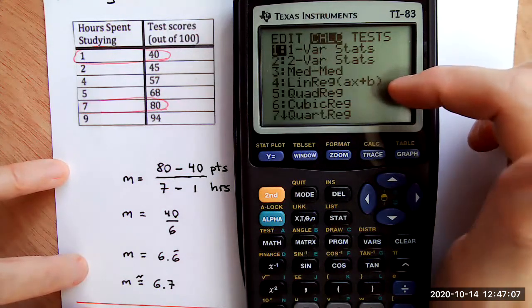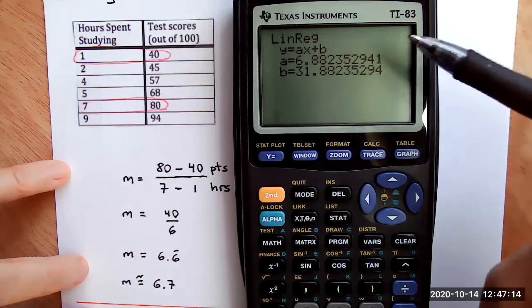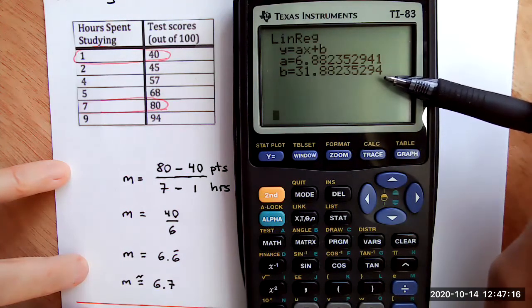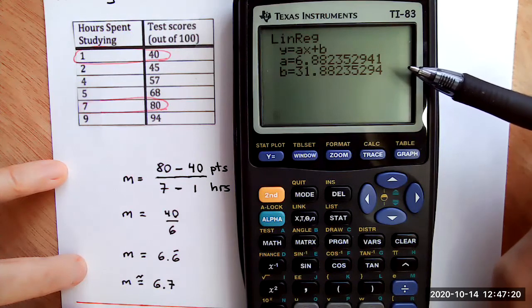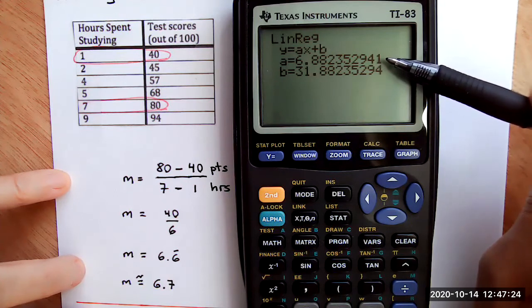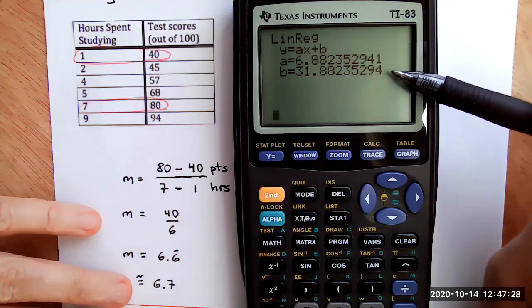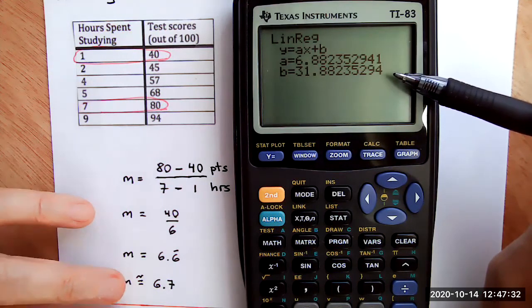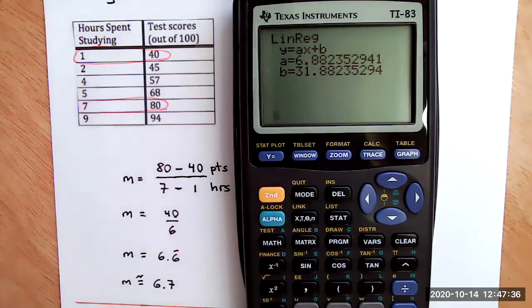And number 4 is linear regression. It gives you the slope and the y-intercept. And that's pretty close to what we had doing it by hand. So we got a slope of 6.7. They got a slope of 6.9. And we got a y-intercept of 33.3, and theirs is 31.9. All right, that's it.